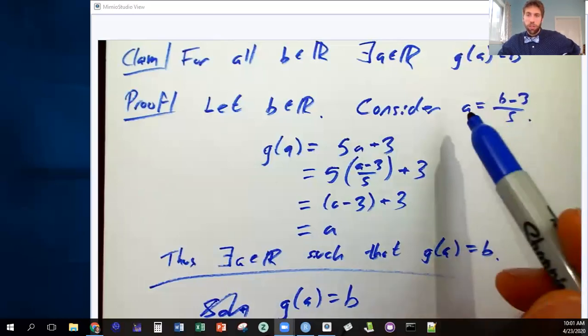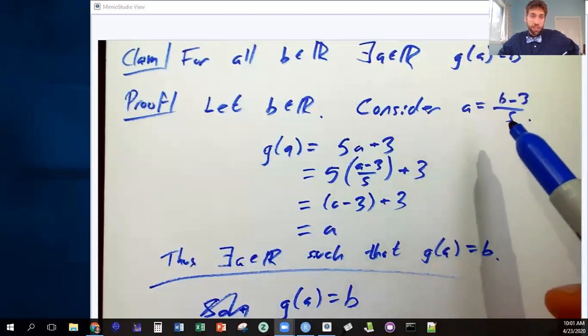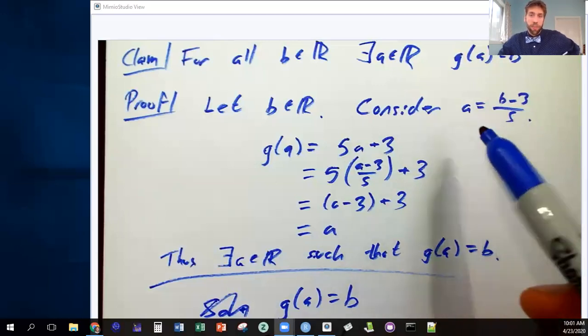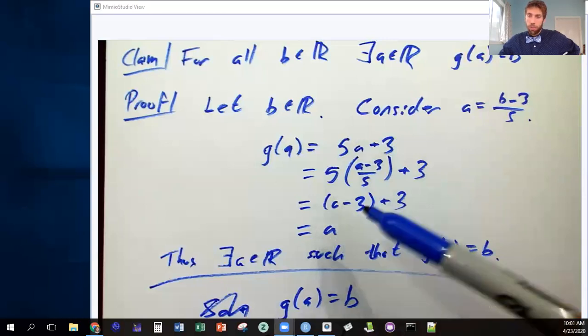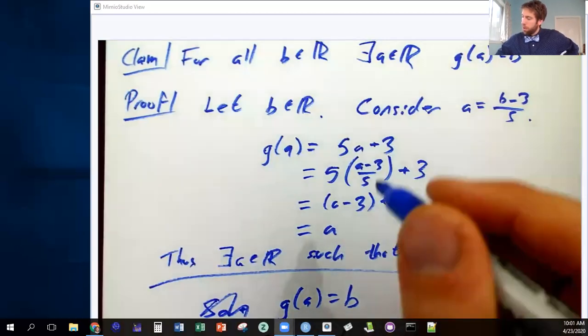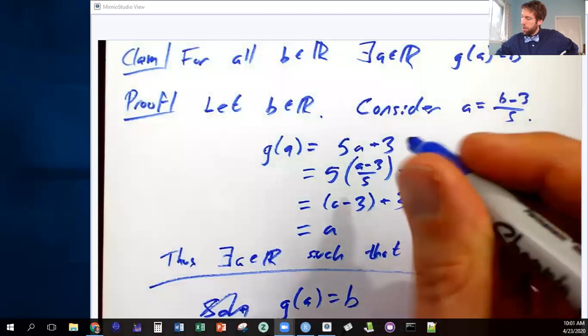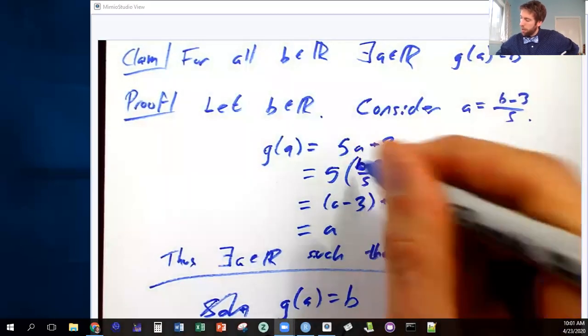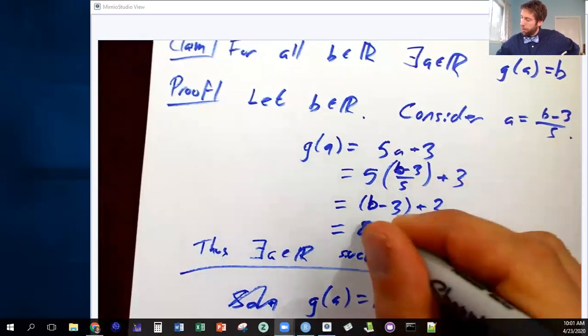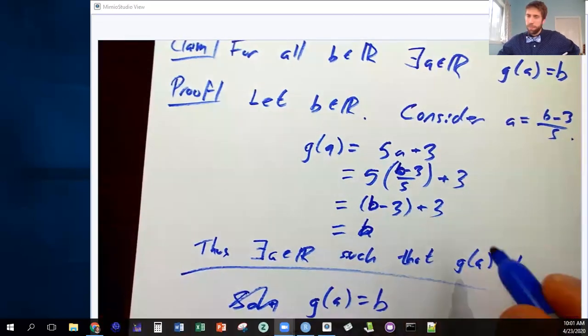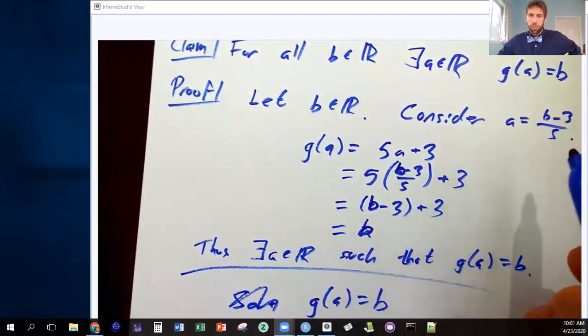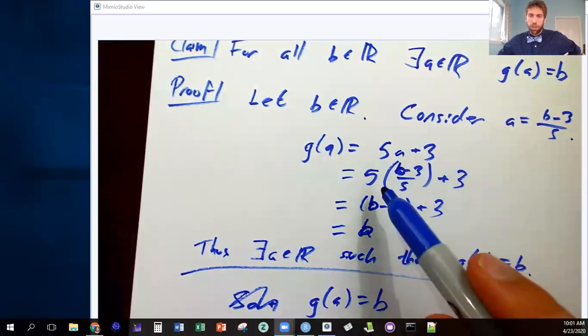So we consider this, it is a real number because of arithmetic. And then look at that, g of a equals, that's b. I bet that was confusing. Because a equals (b minus 3) over 5, I substitute.